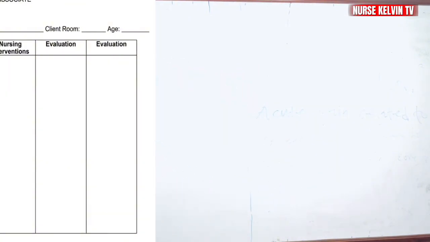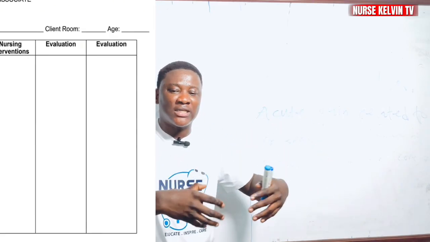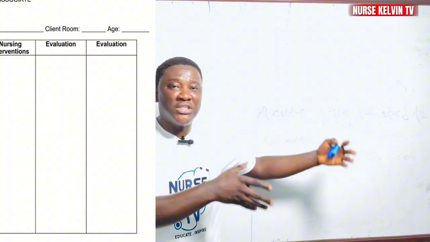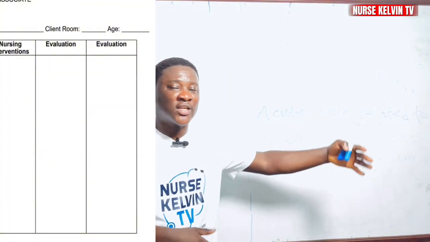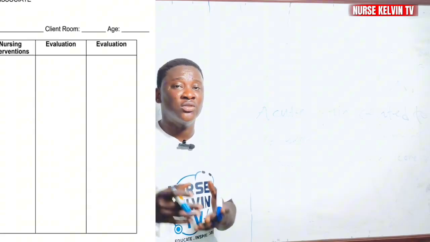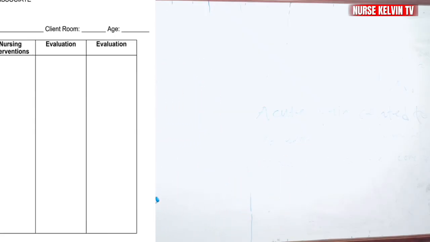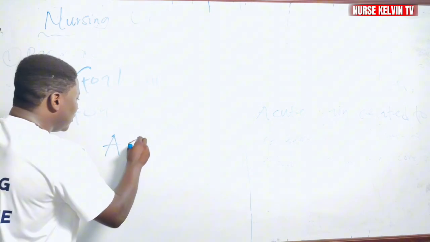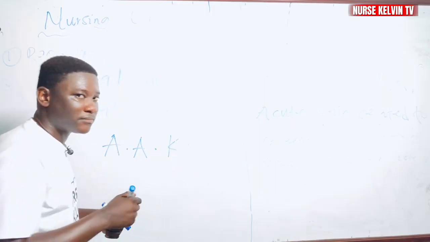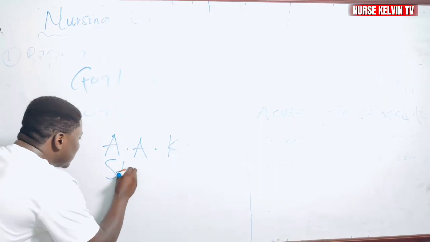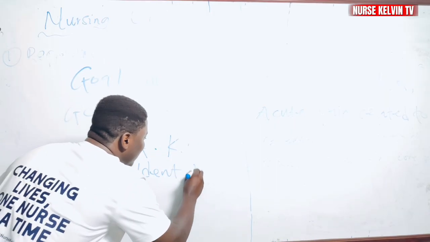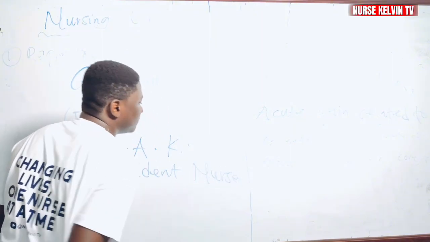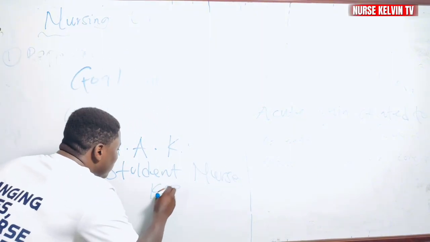After you have written goal fully met, as evidenced by patient verbalizing that pain has reduced, such as from 8/10 to 3/10, after the relaxation or the administration of the analgesics, you write your initials, such as A K, and your designation, student nurse. Then you sign a signature.